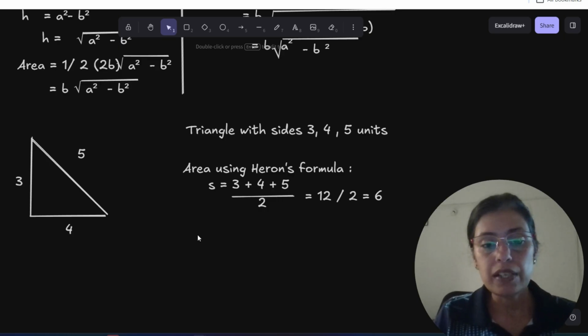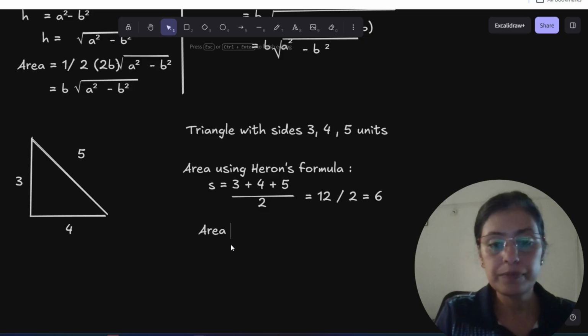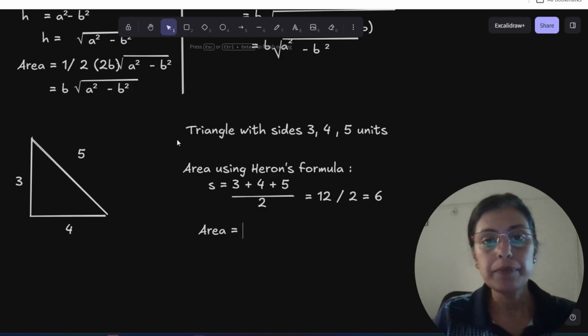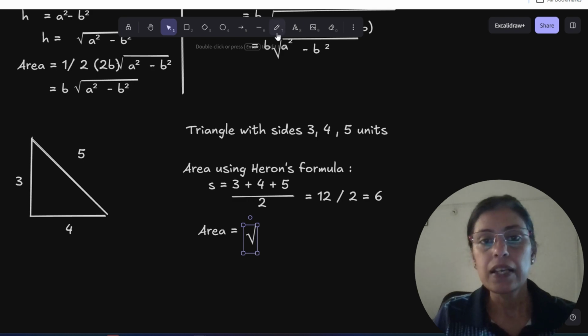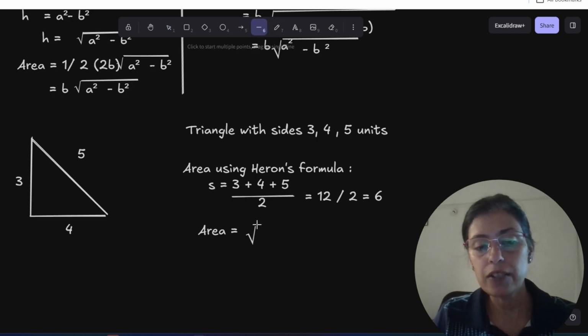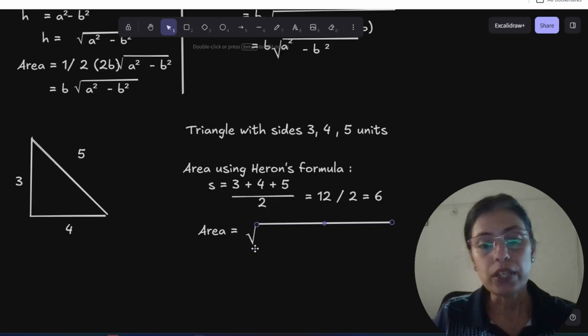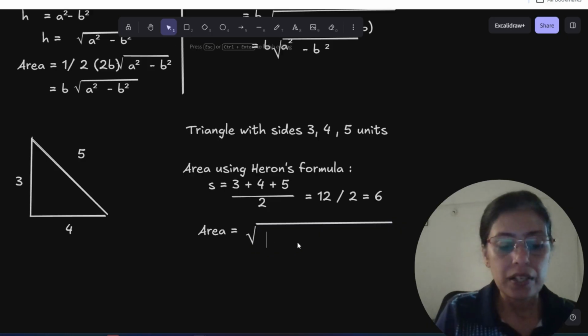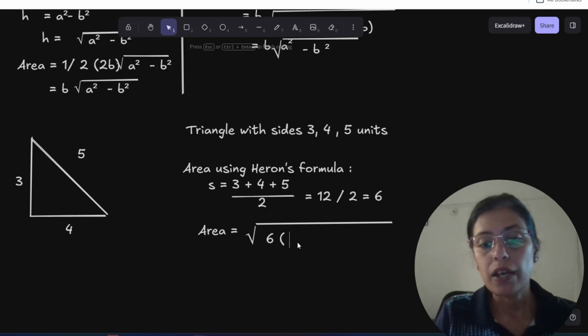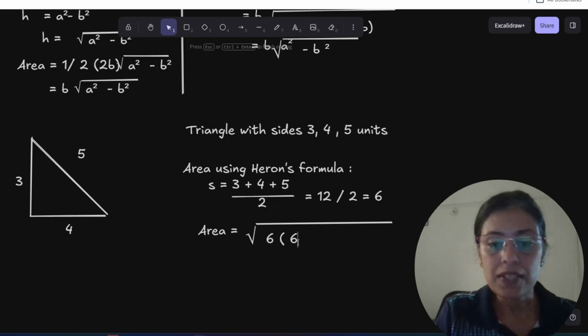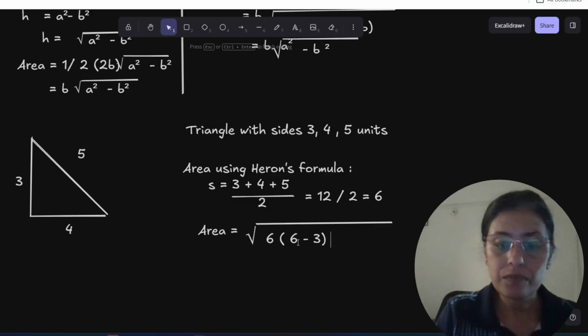So then we'll calculate the area. So area will be, we'll do under root of S minus A, S minus B and S minus C. So I'm not writing the formula here. I'm just showing the calculation directly. So S is 6 and then S minus A will be 6 minus 3.